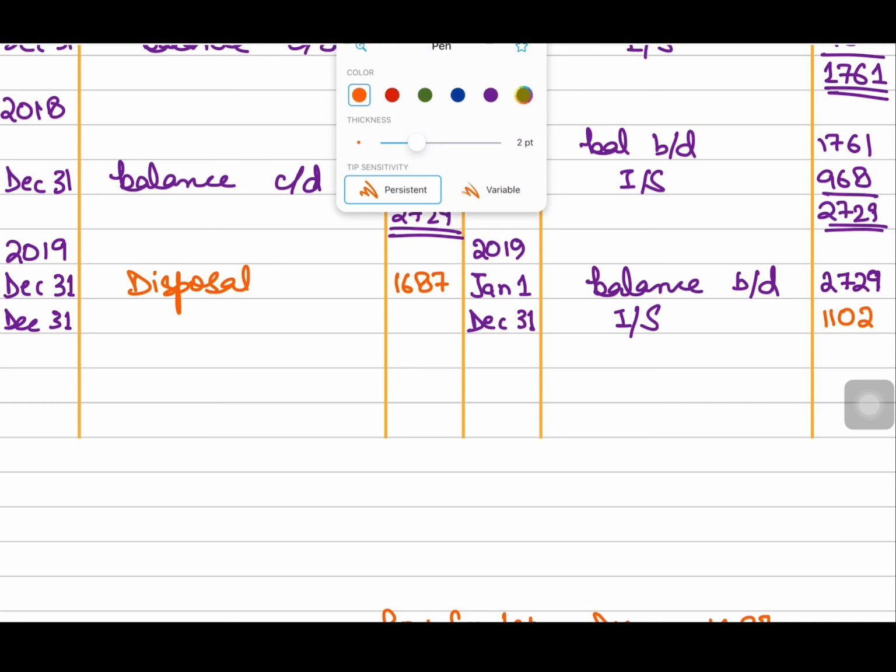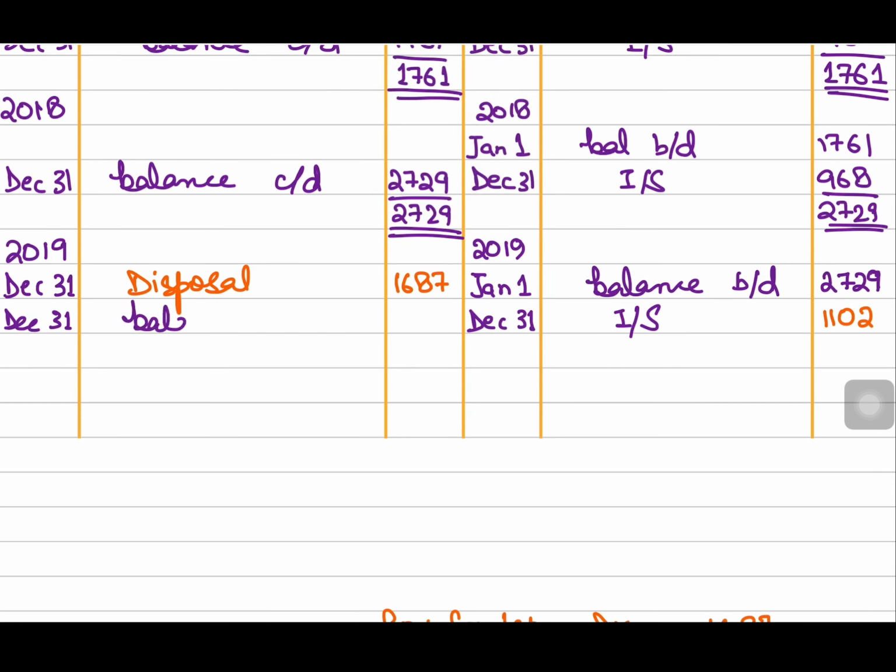Now we will calculate the balance carried down figure. That will be 2729 plus 1102. The total of this will be 3831. Same total over here as well. And after the subtraction of 1687, my balance carried down figure will be 2144.